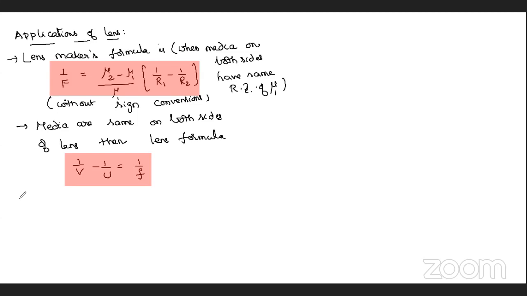Here, application 1. Suppose this is a plano-convex lens, with the plane side and the convex side. Both sides' media are the same, and the refractive index of the lens is mu2. So you can use the above two formulas to find either focal length or image distance.